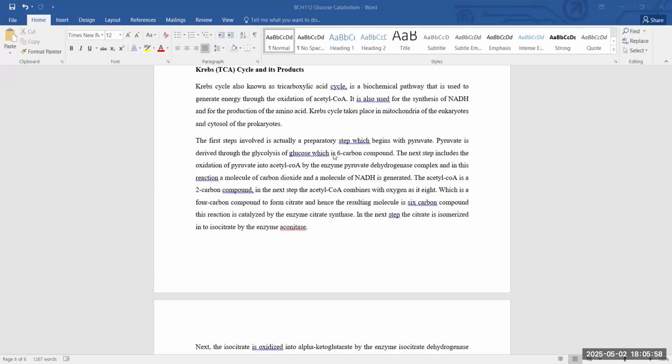Citrate is the first end product of the TCA cycle, of the first reaction of the TCA cycle.